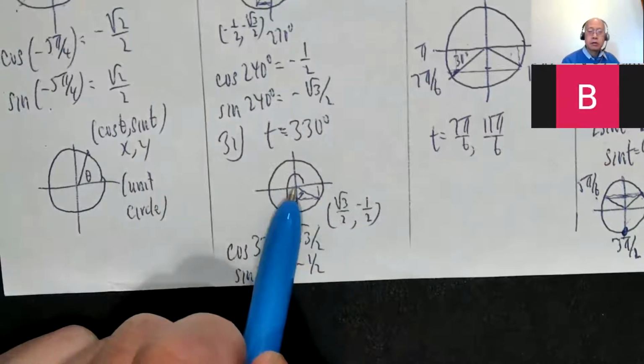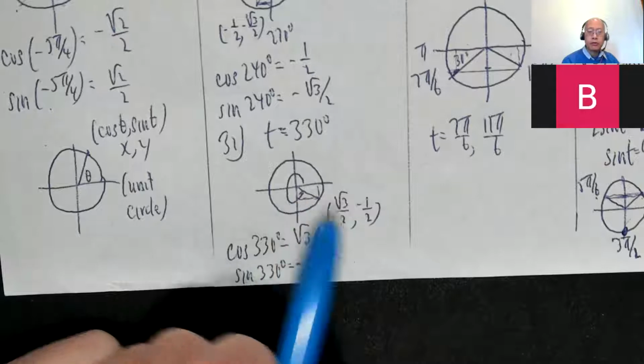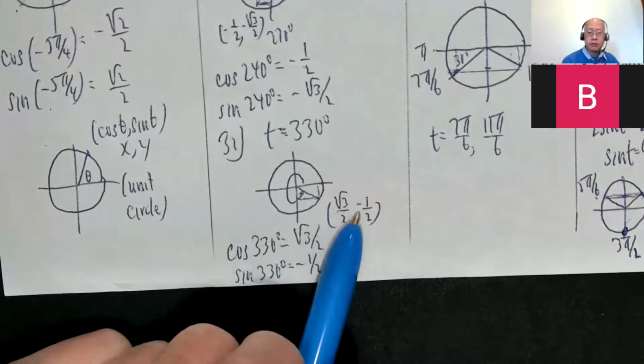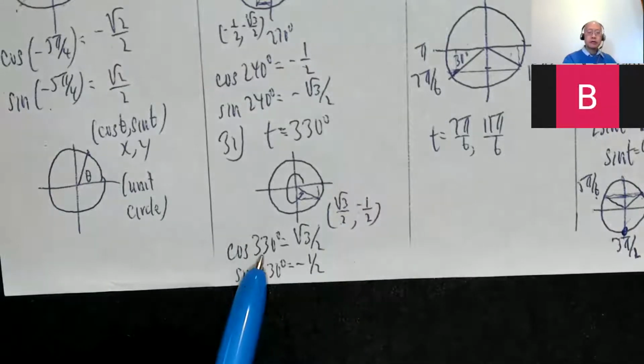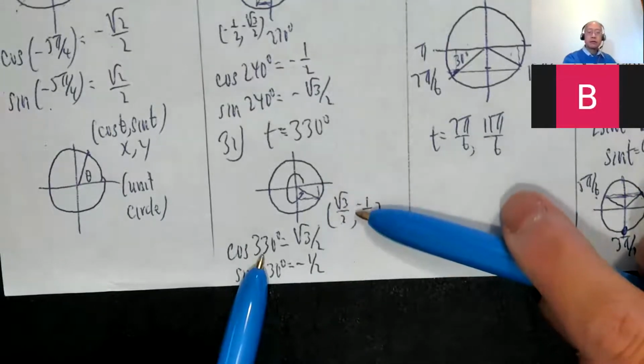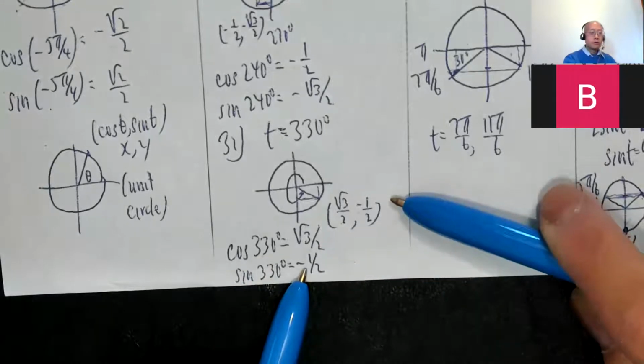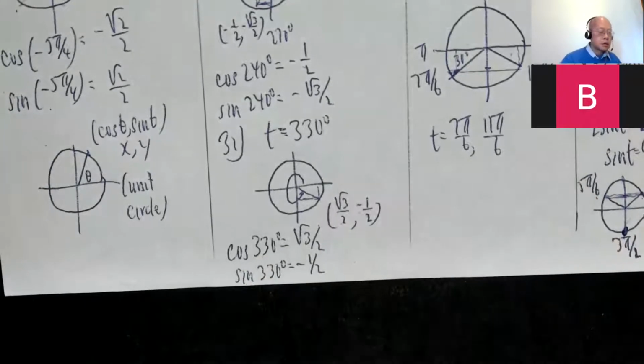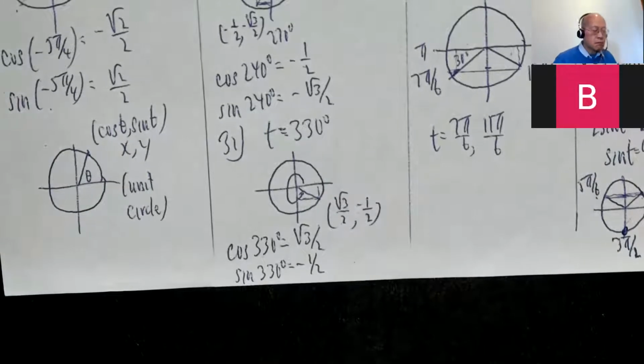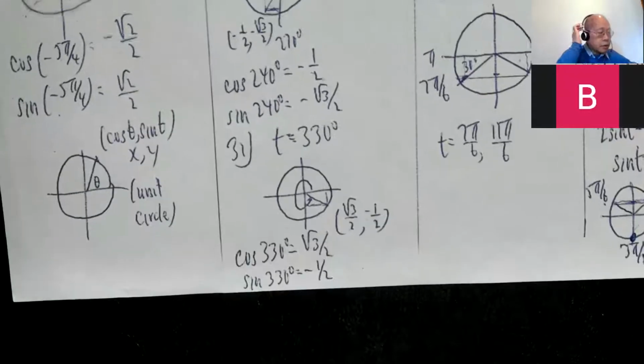Check the quadrant. Quadrant 4. X is positive, Y is negative. So cosine 330°, X coordinate. Sine of 330°, Y coordinate. All right, so that's what's happening.